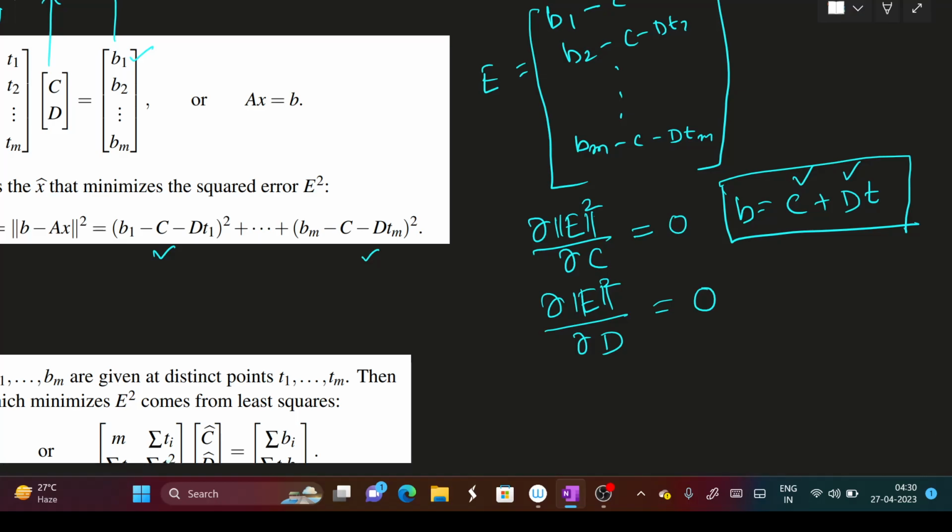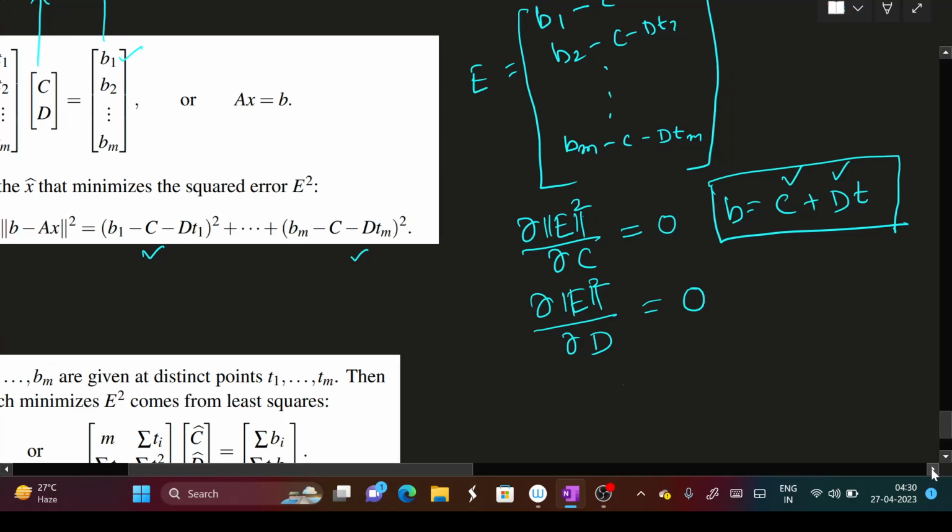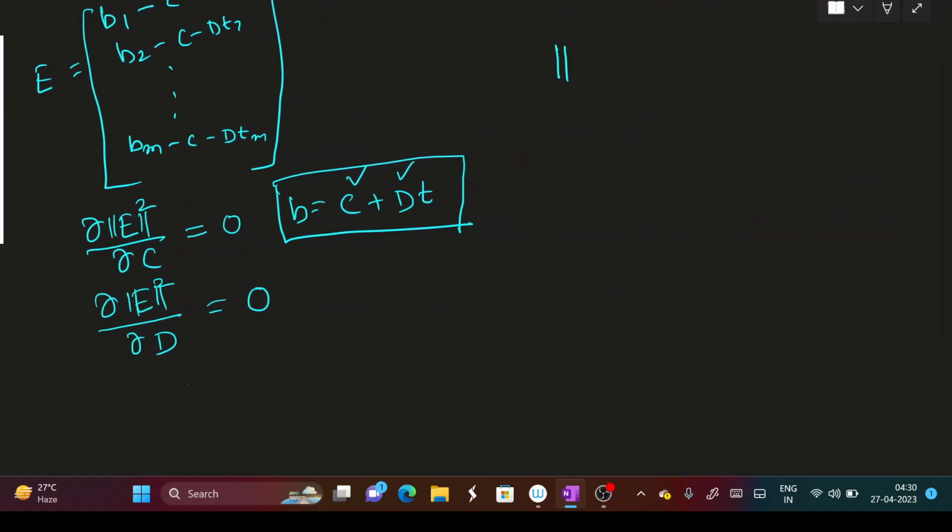But in linear algebra, we will go for the least squares method. The square of E is least if and only if the E vector is orthogonal to the space onto which it is projected, the column space of A. When the B vector is projected onto the column space of A, if E is orthogonal to the column space of A, then the square of the length of E is least.